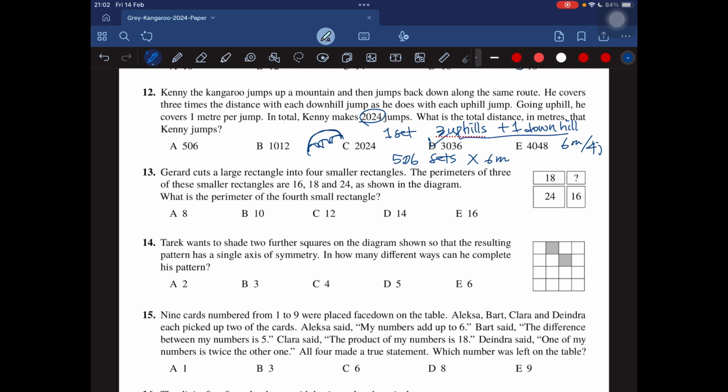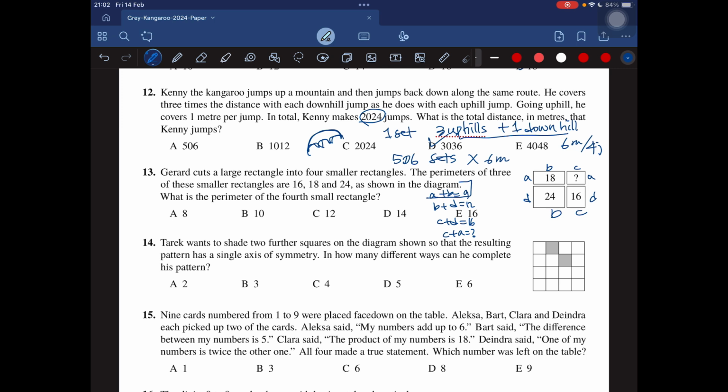And number 13. Gerard cuts a large rectangle into 4 smaller rectangles, A, B, C, D, let's say. Each of them has perimeters, like A plus B is 9, B plus D is 12, C plus D is 16, C plus A is, we don't know.